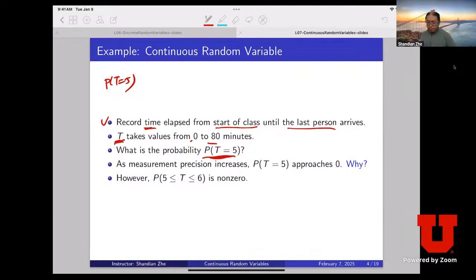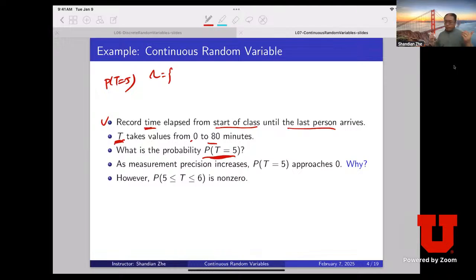Okay, so now when we record the time, we could take different granularity, right? I can count by minutes. If I count by minutes, then what's the sample space? Let us consider we vary the granularity with which we record the time.